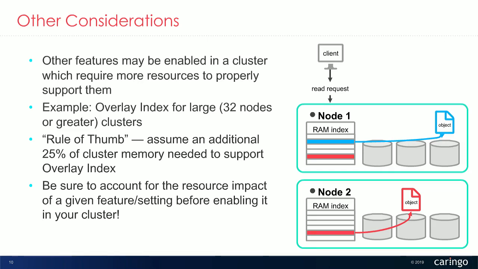And as a result, the overlay index was not being used, because it doesn't turn on automatically unless you change the minimum number of nodes to turn it on. And your cluster grows over time, and you realize that, oh, I need to start taking advantage of the overlay index. It's really going to help my performance for servicing requests from the cluster. And then you think to yourself, well, wait a minute, do I have enough memory in the servers that I bought and in the servers that I plan to buy to do that?